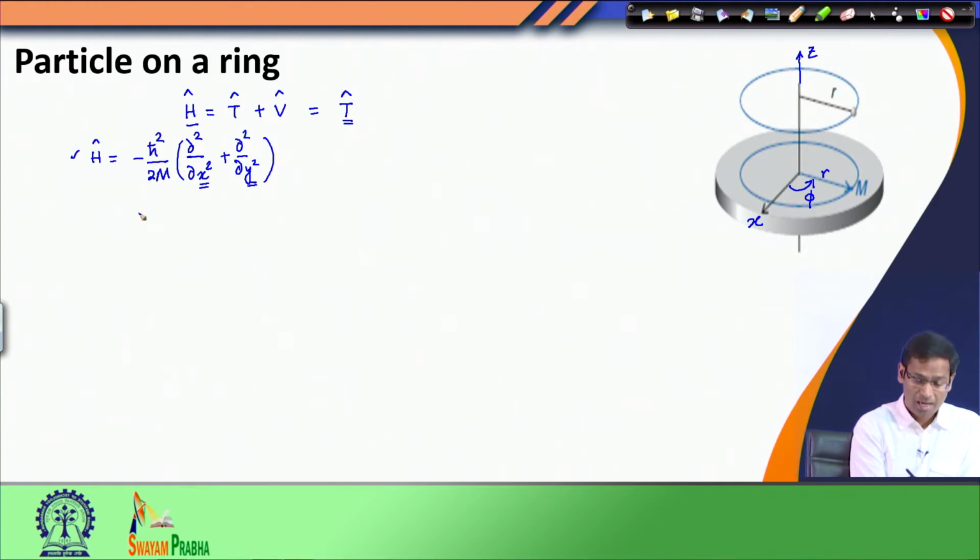So, therefore, I know from here I can see that x I can define as r cosine theta and y as r sin theta.